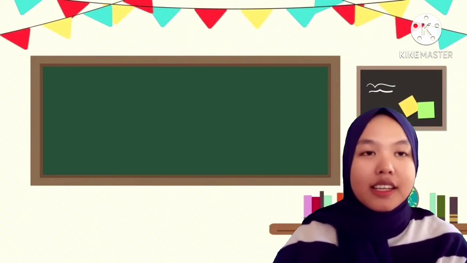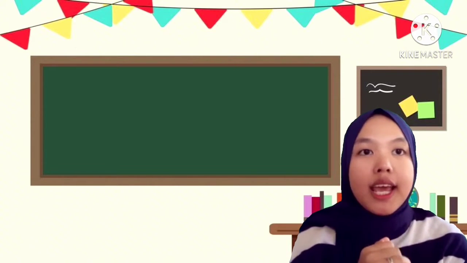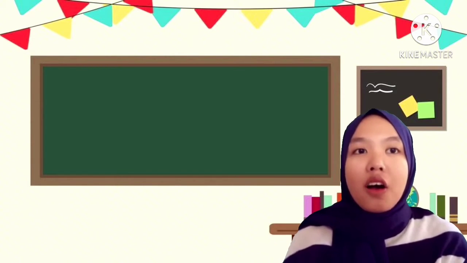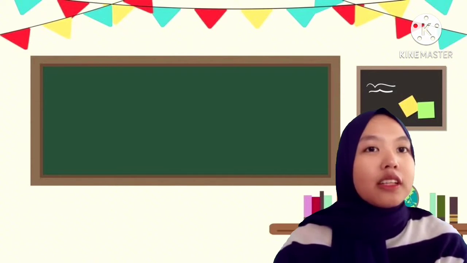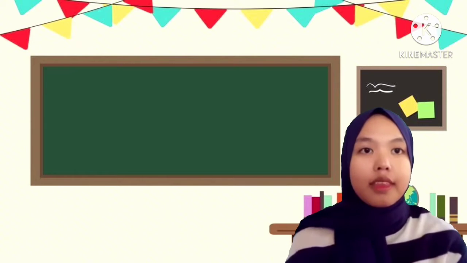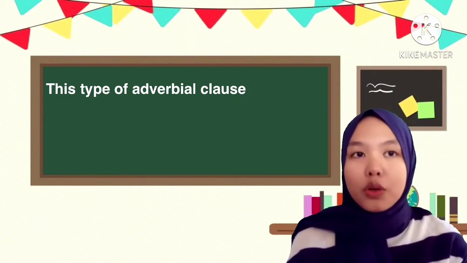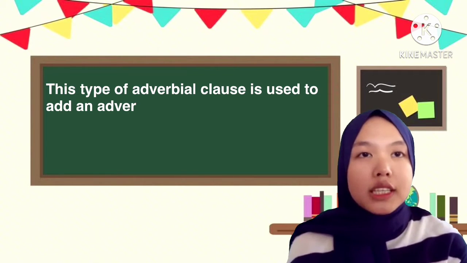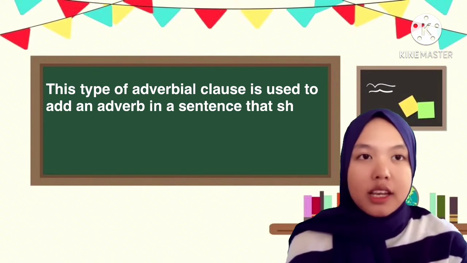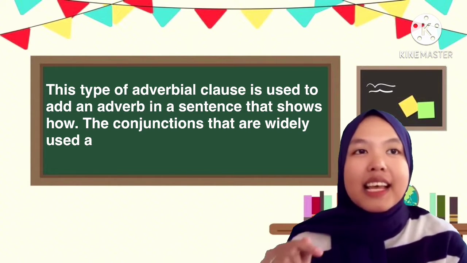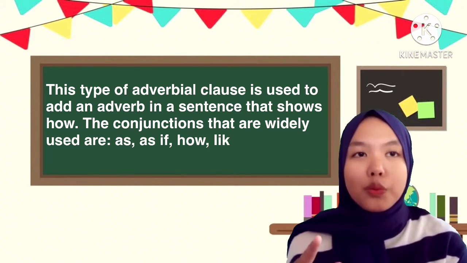Second, I will explain and give an example of adverbial clause of manner. This type of adverbial clause is used to add an adverb in a sentence that shows how.